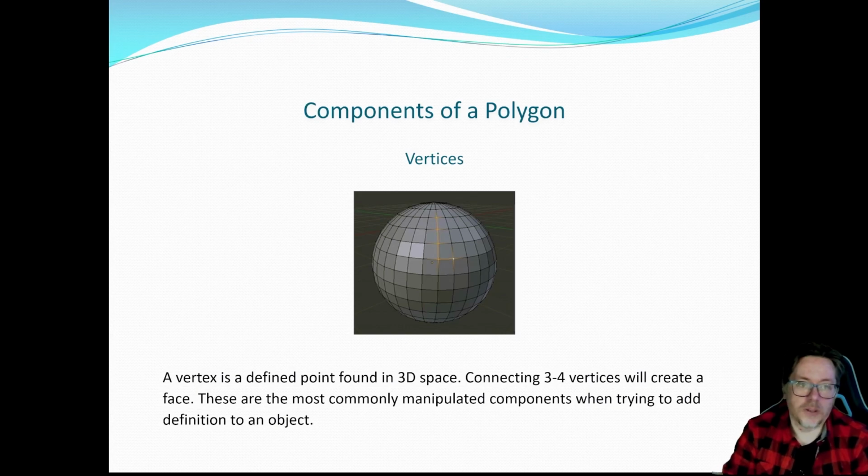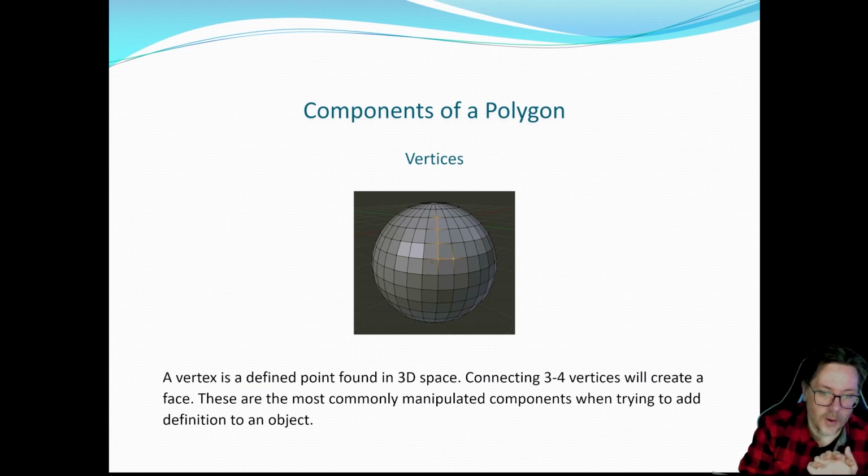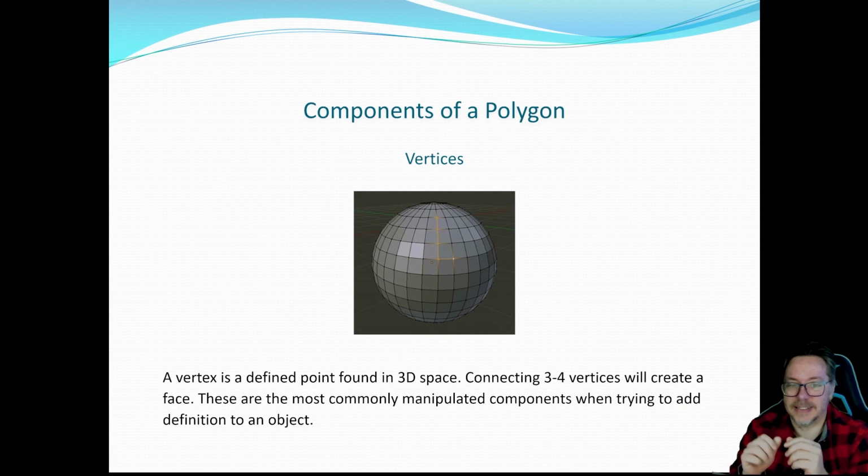And the components of a polygon. A polygon is made up of a few different components, and in the next couple of slides we go over those. First off, we've got vertices and a vertex. An individual vertex is a predefined point found in 3D space.